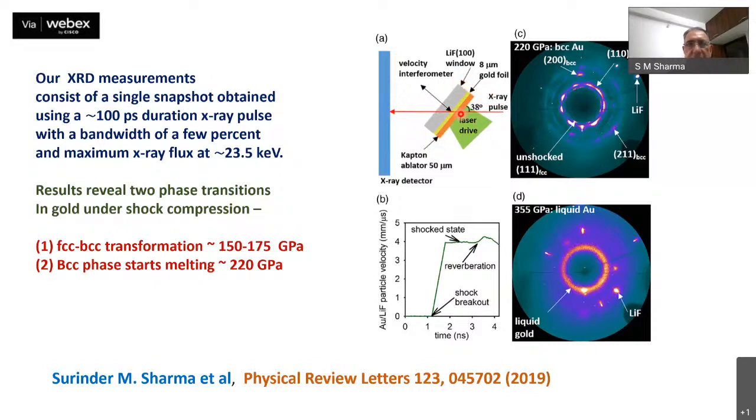And this is a lithium fluoride window, which has a reflecting mirror here, which measures the velocity and therefore gives information like particle velocity and so on. And the X-ray which passes through this while the shock is in the sample under investigation gives a diffraction pattern, which is shown here.